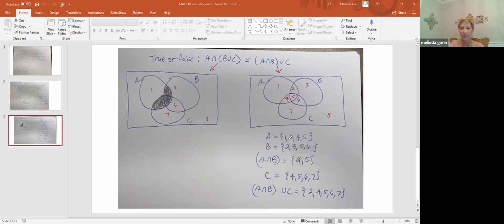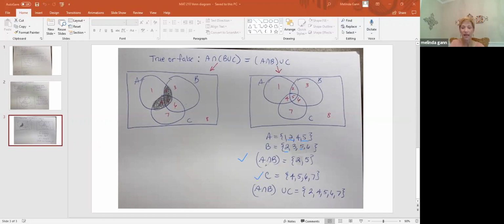It's where they overlap. Do you see that they both have a 2 and they both have a 5? So that's what's in A intersect B, 2 and 5. Now I'm supposed to union that with C. Well, what's in C? 4, 5, 6, 7. So inside of my C, I wrote down 4, 5, 6, 7.